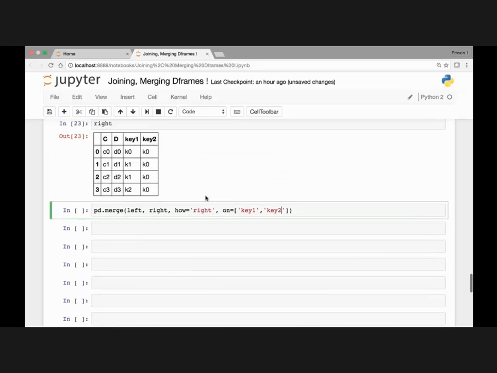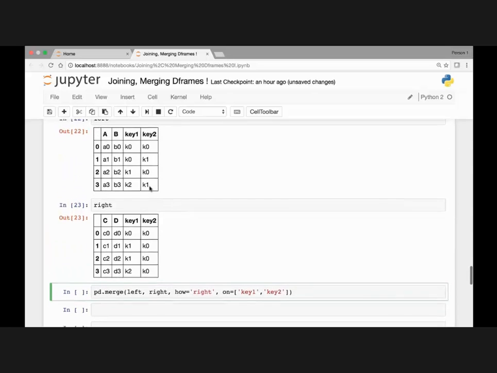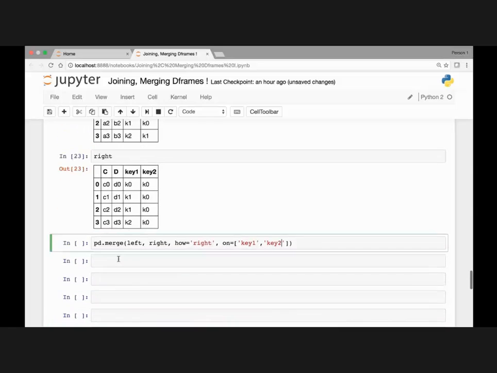Let's see what will happen. We have our right data frame. So the first key 1 and key 2 combo is what? K0 and K0. Do we have that in the left data frame? K0, K0, yes. So the first row will be A0, B0, K0, K0, and then C0, D0.